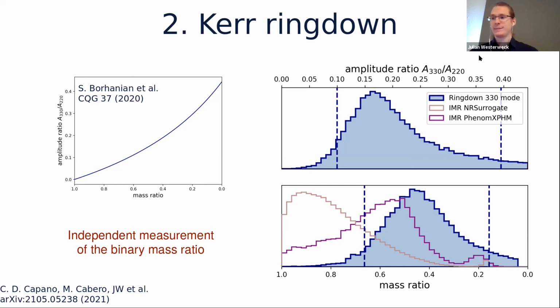And also shown are previous results using the full in-spiral merger and ring down templates for the signal. And you can see that there indeed is some tension between these, as for example, the brown curve prefers equal masses more than our result here. However, these in-spiral merger ring down waveforms assume a quasi-circular binary, and some studies have suggested that this might be an eccentric binary, and there's of course some uncertainty.